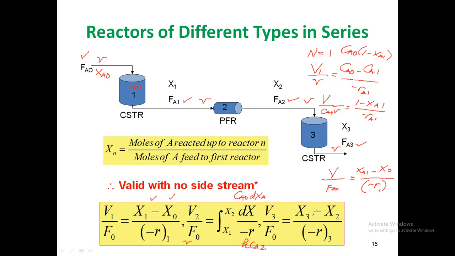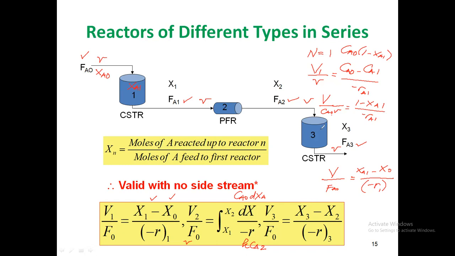For your second CSTR, and that's your third reactor in the series, you have its volume divided by the same molar feed rate. Initial, this is actually FAO. And you have here the difference between the conversions.